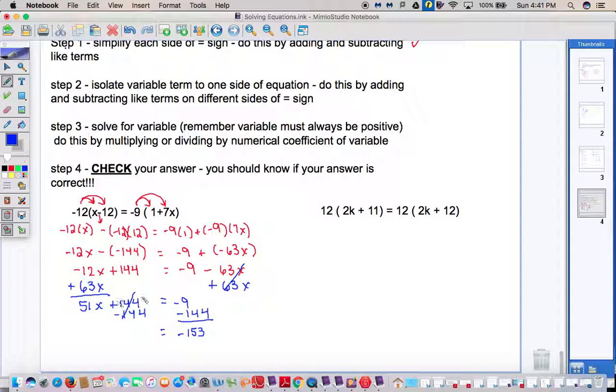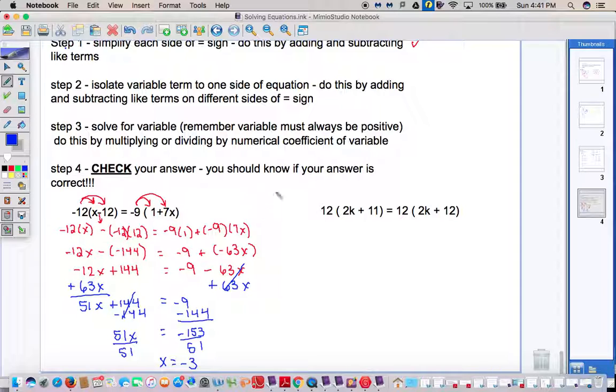Equals the positive 144 minus 144, those cancel each other out. This is 51x. So I have 51x equals negative 153. And if I divide both sides by 51, I get that x equals negative 3. And that would be my answer here. Now I can substitute this in and check.